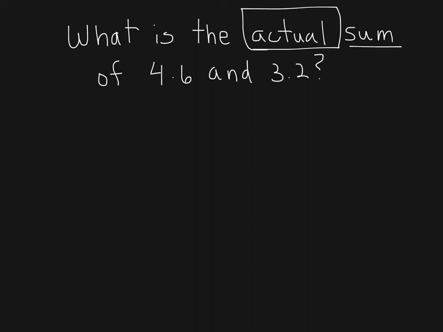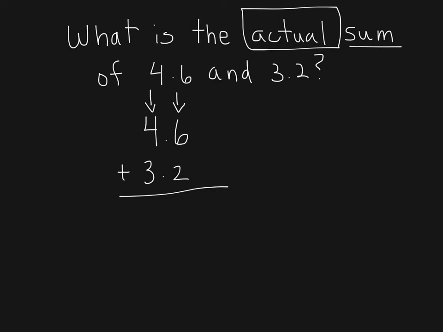All right, here we go. I'm going to stack them on top of each other, 4 and 6/10 plus 3 and 2/10. And of course, I want to make sure that my decimal points are lined up, and that is because if my decimal points are lined up, then I know that the numbers that are in all the same places are also lined up.